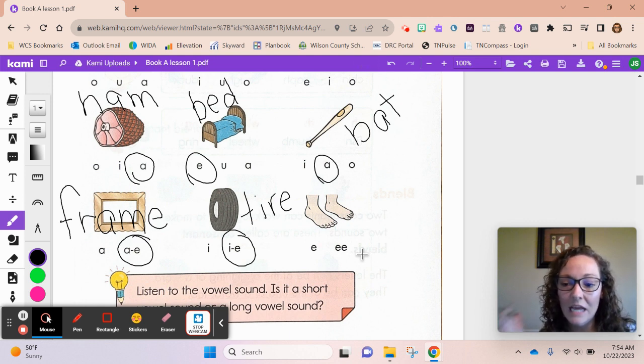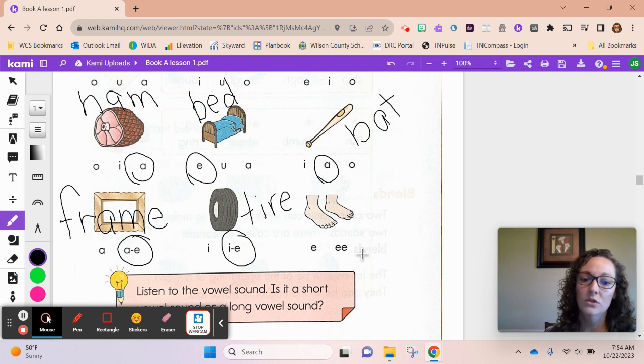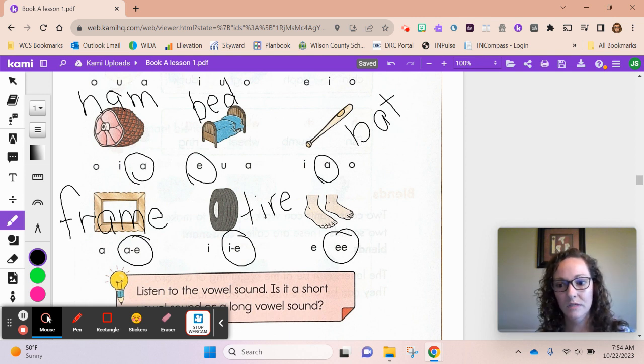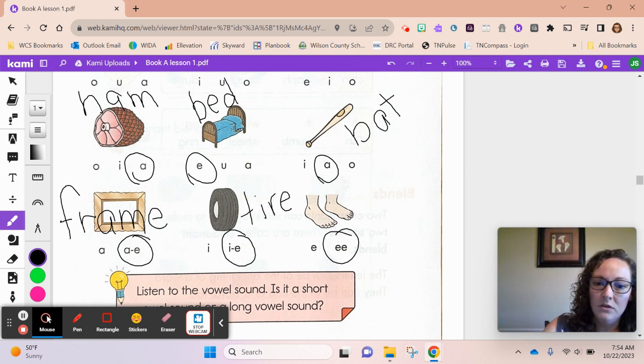Feet. I hear the long E sound again. So this one is short E. This one is E. Because I discussed that when you have two vowels together, the first one says its name. In this case, they're the exact same letter, so it says its name. This is spelled F-E-E-T.